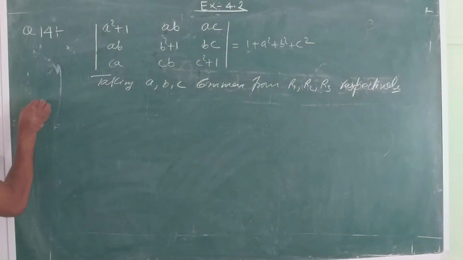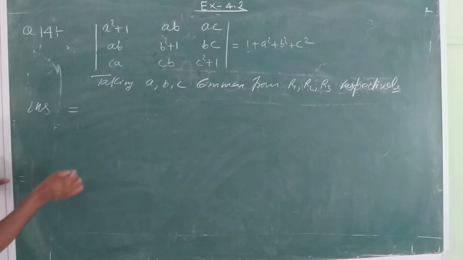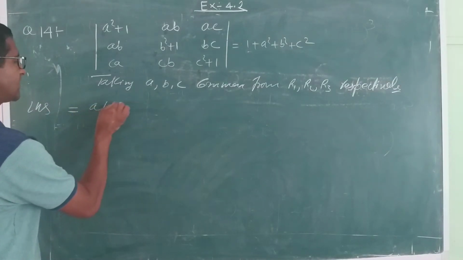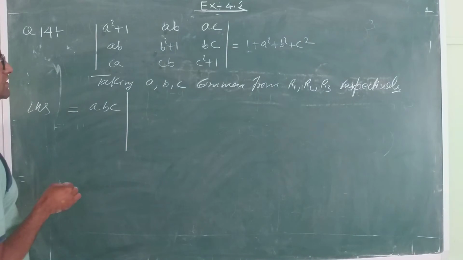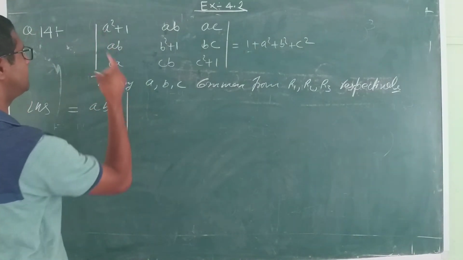Therefore, the new form of the determinant will be like that. A, B, C will be common from the first, second, third row.